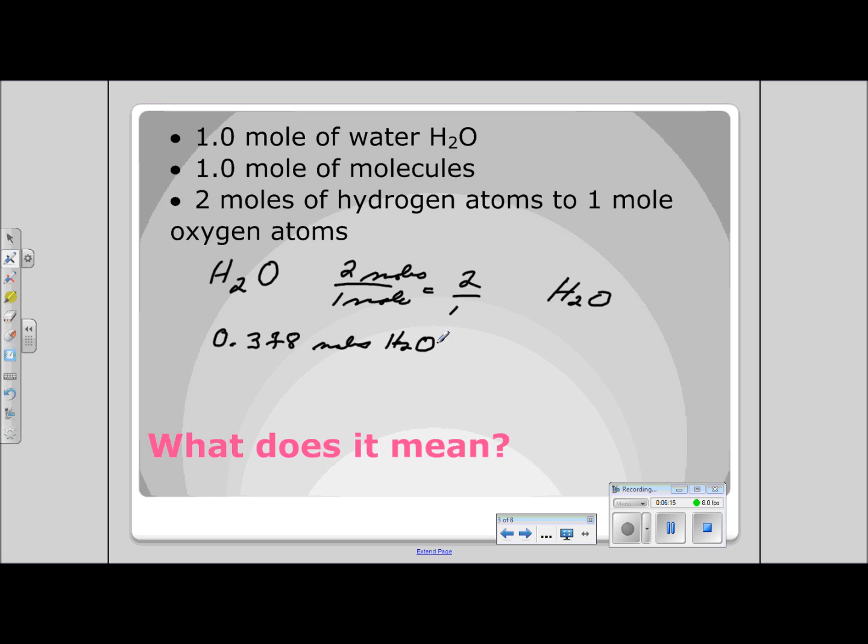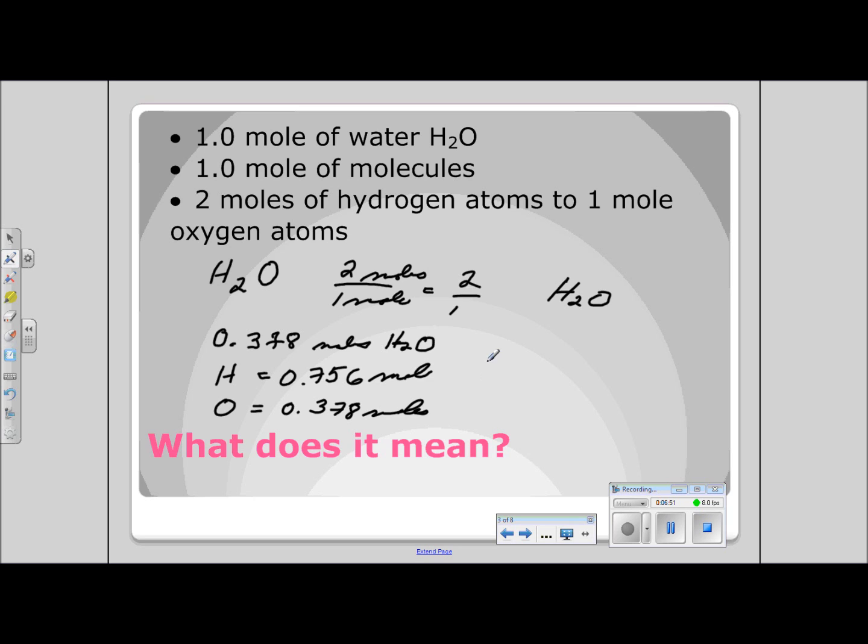In this example, the total moles of hydrogen is 0.756 moles. And the total moles of oxygen is equal to 0.378 moles.